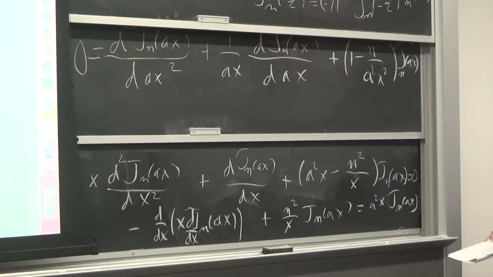So that's Bessel's equation with a parameter in self-adjoint form.